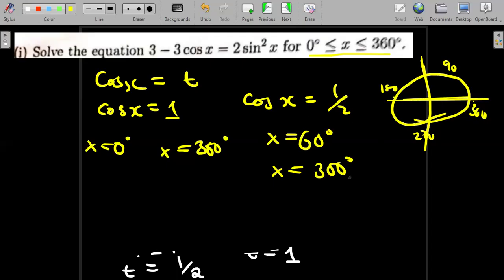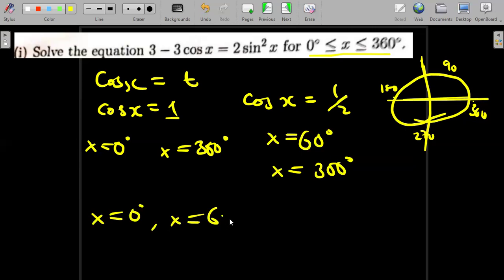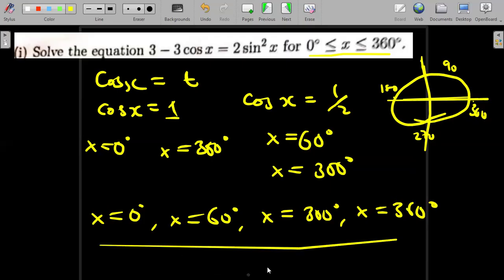So those are your valid values of x in that interval: x equal to 0, x equal to 60 degrees, x equal to 300 degrees, and x equal to 360 degrees. So those are your values of x valid for that interval. So that's how you solve this question.